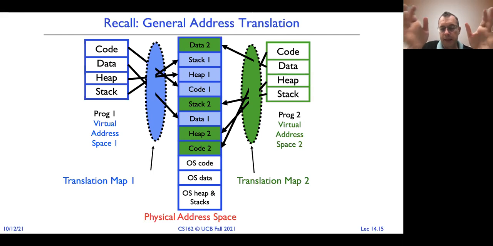Think about running two instances of the same application. While the virtual spaces are identical, with the same virtual addresses in both, when you translate these virtual addresses to the physical address space, you are going to translate them in such a way that they do not conflict.